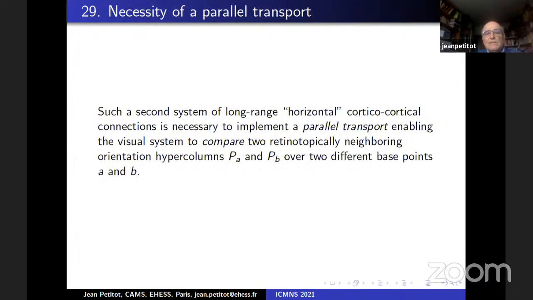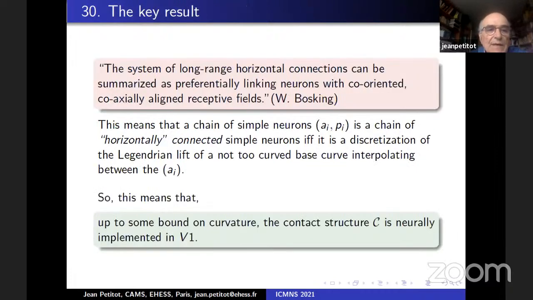And such a second system of long-range horizontal cortico-cortical connections is necessary to implement a parallel transport, enabling the visual system to compare two retinotopically neighboring orientations, hypercolumns P and P', over two different base points A and A'.